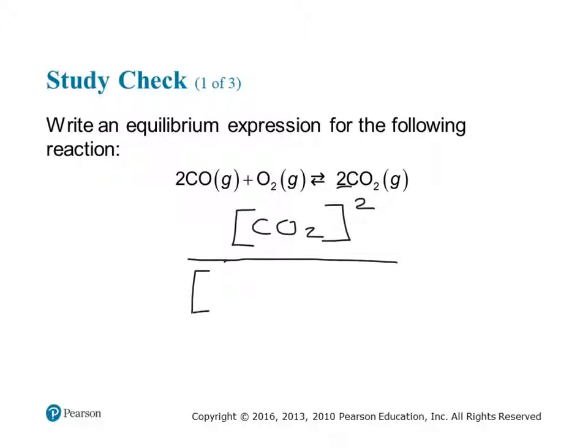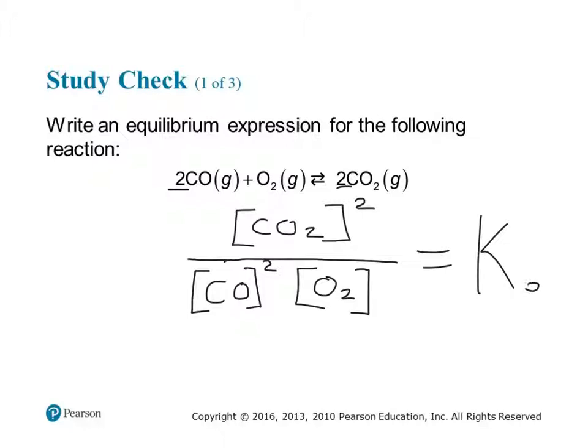So I'm going to take my concentration of carbon monoxide, and because it has a 2 in front, I'm going to square it, and then I'm going to multiply it by the concentration of oxygen, and it's to the first power since it only has a 1 there. And that would be the equilibrium constant for the reaction.